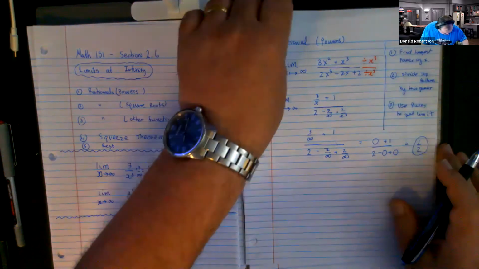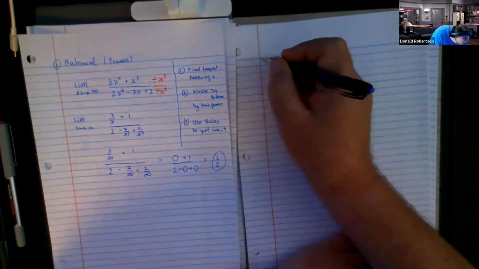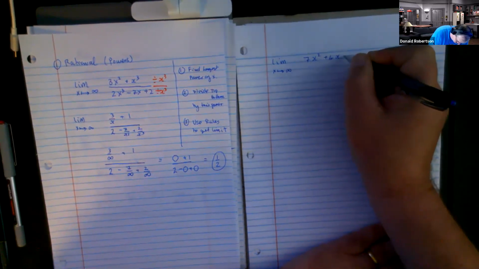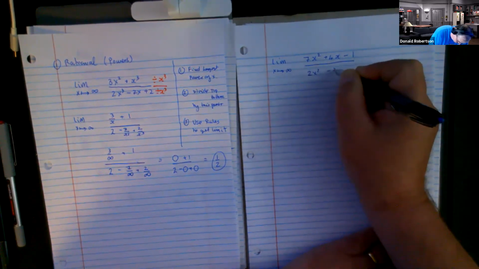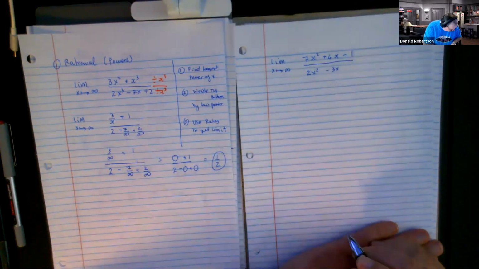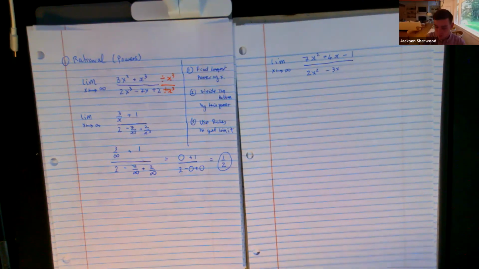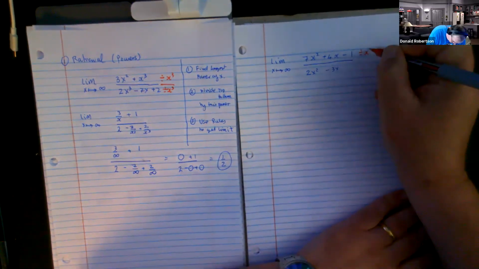Okay. Try another one then, just to show you some different versions of this. Let's do the limit as x tends to infinity of 7x squared plus 4x minus 1 over 2x squared minus 3x. Okay, what's the largest power of x in this expression here? Just looking, x squared. Okay, so I'm going to divide the top and bottom by x squared.